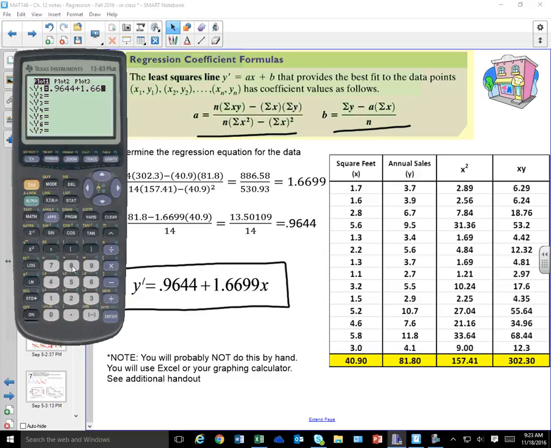When we figure out our regression equation, maybe we want to see how well it fits the data. So let me put in my equation and graph it. And there you can see that the line does look like it fits, right? If you get a line graphed up here or down here, then you probably did something incorrect because it doesn't look like it fits the data. So you can do that just to tell that it fits the data correctly, okay?